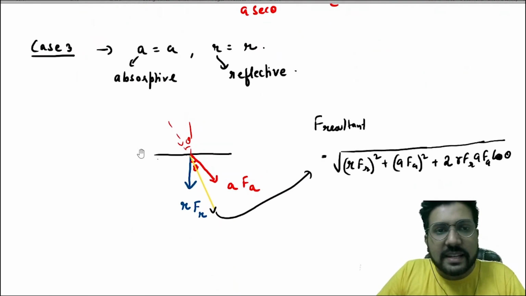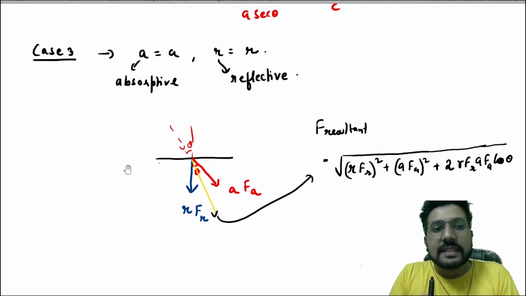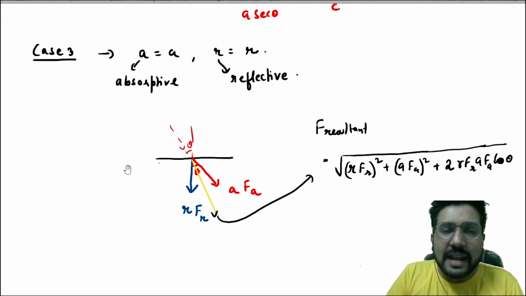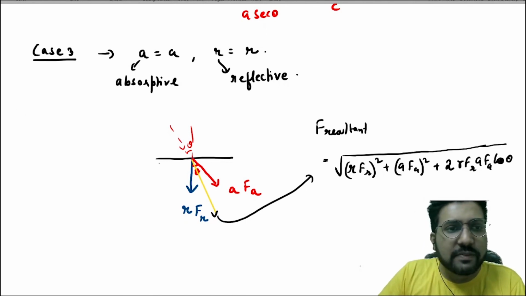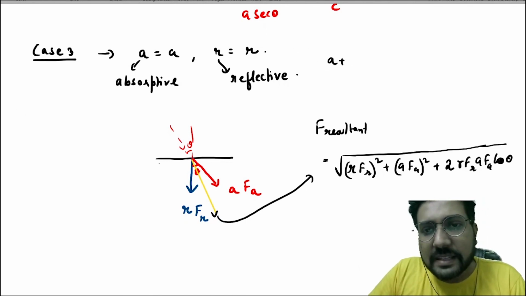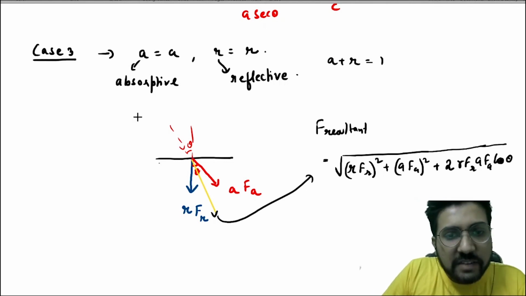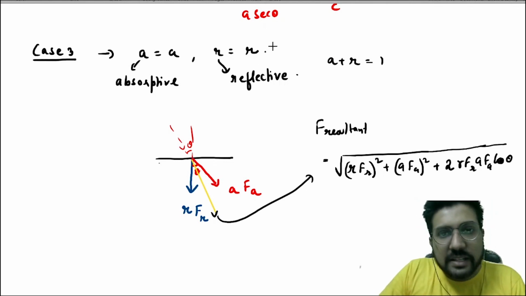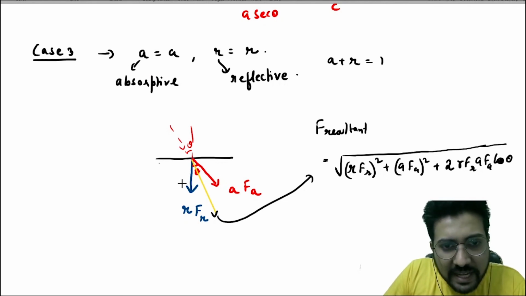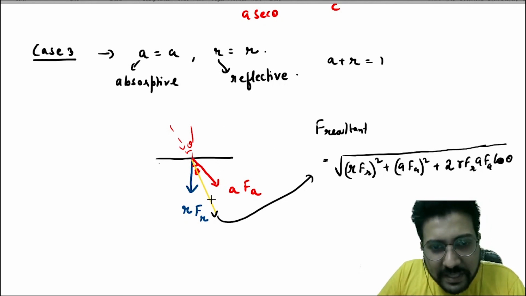Now in case 3, if the surface can absorb some fraction and reflect some fraction, so there is an absorptive coefficient also and there is a reflective coefficient also, but yes, they are fractions. A plus r is 1. So the absorptive fraction will give a force in this direction, and the reflective fraction will give a force in this direction, and the resultant force will be in this direction.